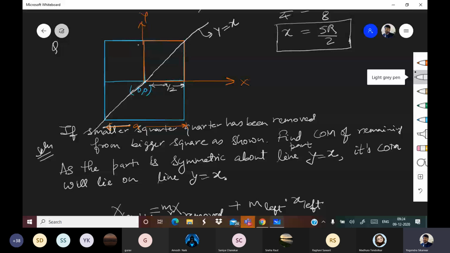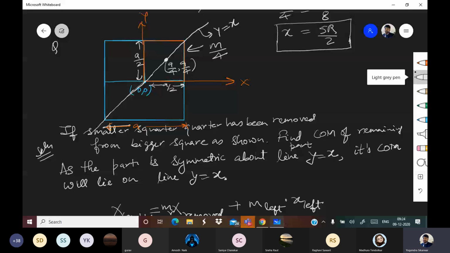There should be no doubt about it. And the mass of this portion will obviously be m by 4.